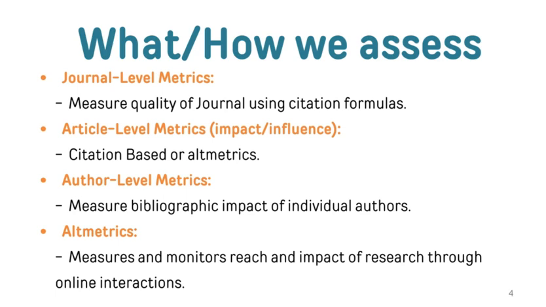For the author, we measure the bibliographic impact of individual authors. For each author, we see how much impact each research has on general research. Altmetrics measures and monitors the reach and impact of research through online interactions.